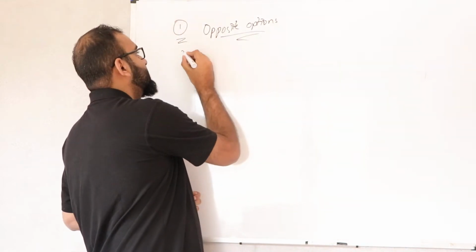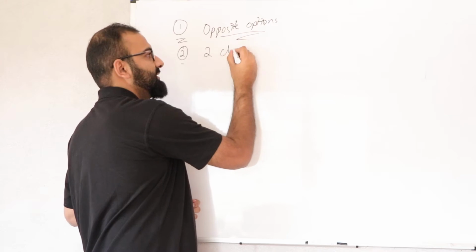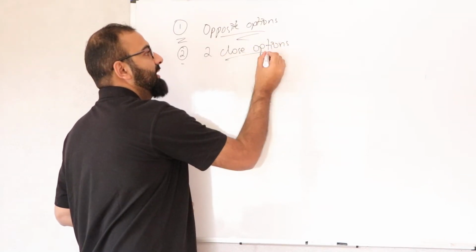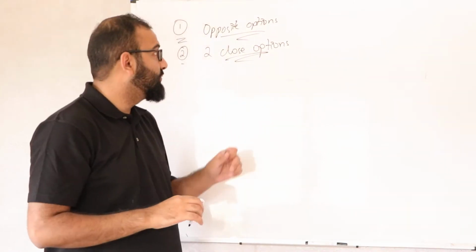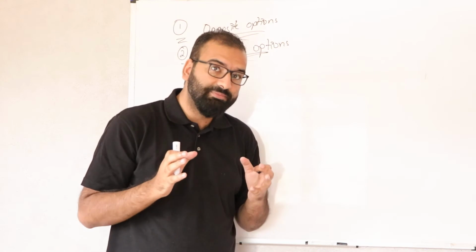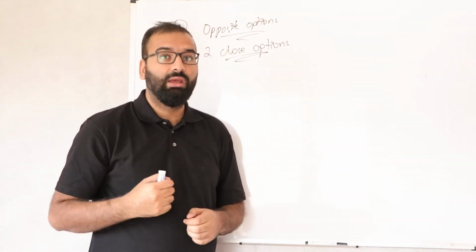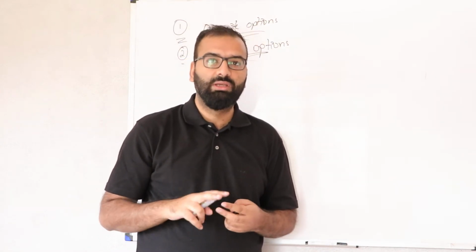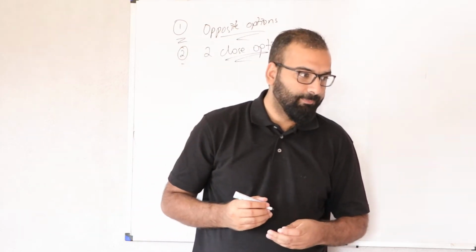So second is that whenever there are two close options, it is very likely that one of them is correct. So whenever you have two opposite options, the examiner might be wanting to check your knowledge, and whenever you have two MCQ options that are very close, then one of them might be correct in that particular regard.